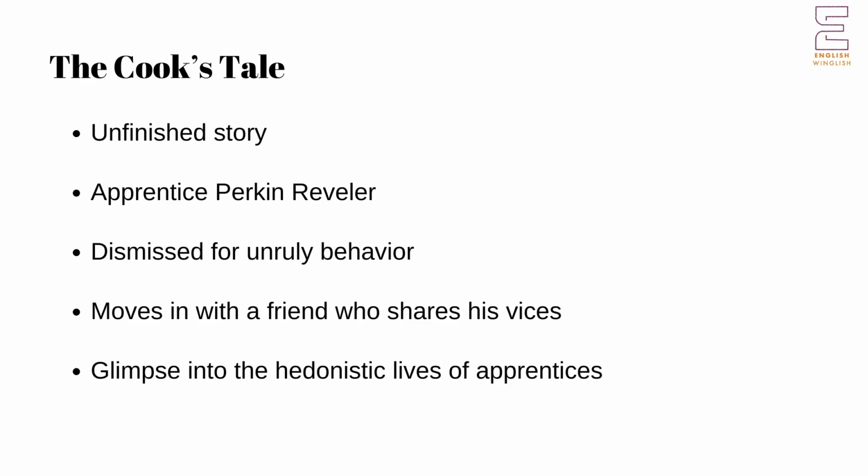The tale abruptly ends, leaving the fate of Perkin and his friend unresolved. The Cook's Tale offers a glimpse into the underbelly of medieval society, highlighting the hedonistic and carefree lives of apprentices who reject societal norms and responsibilities in favor of pleasure and revelry.